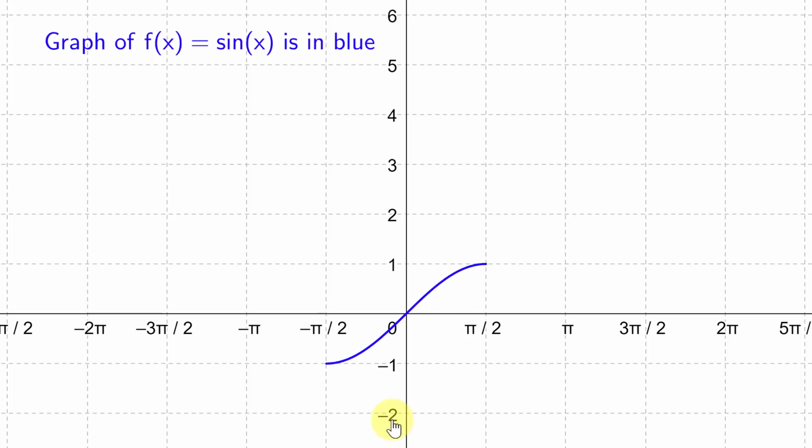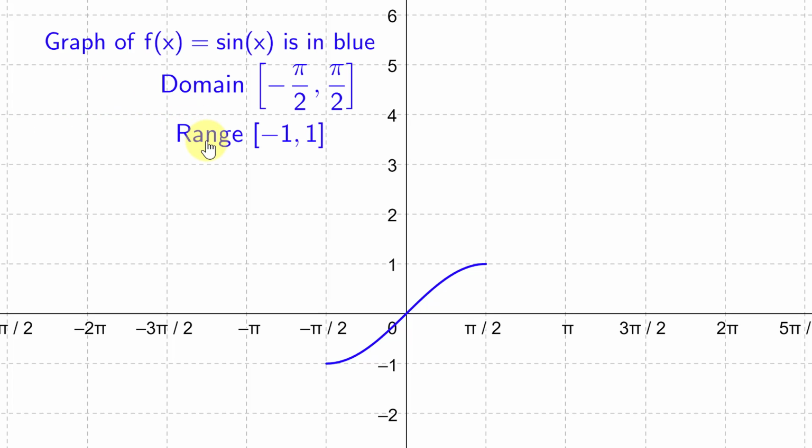So now I finally have restricted the domain so that I have a one-to-one function. The restricted domain goes from -pi/2 to pi/2, and that gives me a range of -1 to 1. So now this function with the restricted domain has an inverse that is a function.